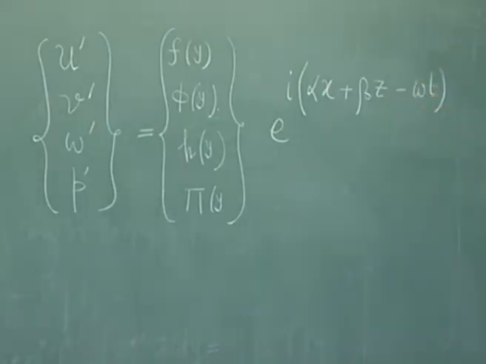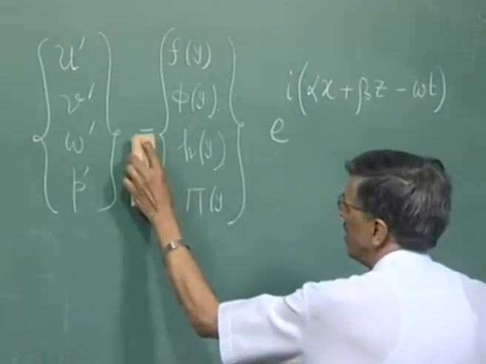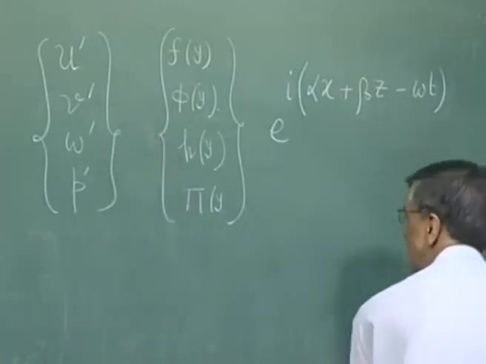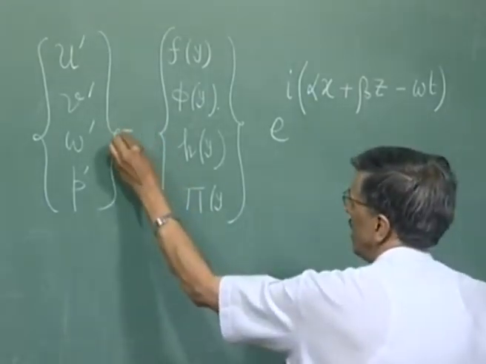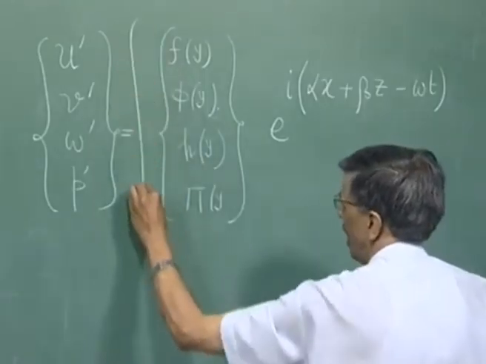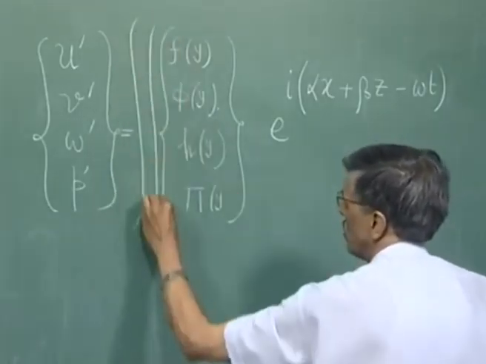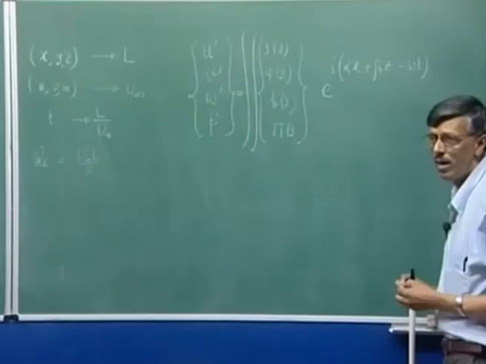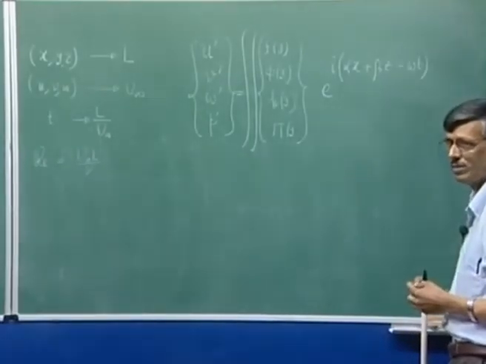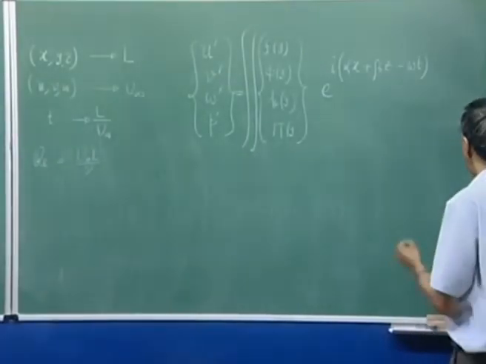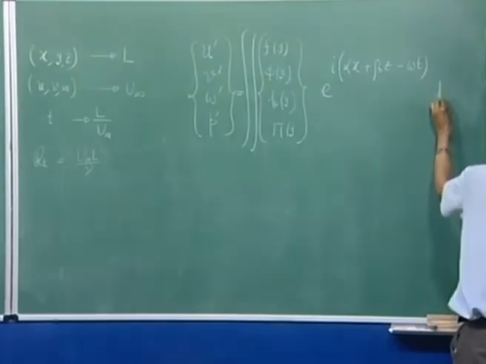And now, what will you have to do? Ideally speaking, if we are looking at the generic case, then we should have written it like this, that this equals an integral over all possible values of alpha and beta.